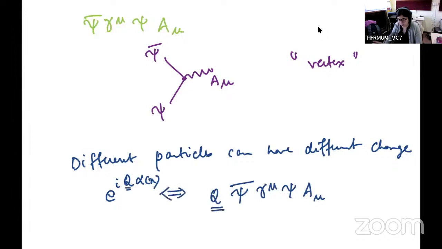So this is the same Q. And in that way, you don't have to add a different a mu for each different particle, but you just have different charges corresponding to all different particles. So this is the mathematical representation of what we think as electric charge. So for electrons, this Q would be 1. If you have something that has 4 times the charge of an electron, like the alpha particle, this Q would be 4, and so on. Okay.